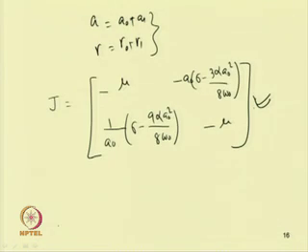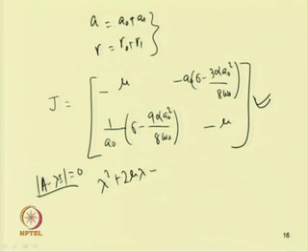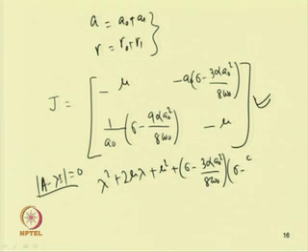For example, in this case, by putting the determinant of the Jacobian minus lambda I equal to 0, we will have the equation lambda square plus 2 mu lambda plus mu square plus sigma minus 3 alpha A 0 square by 8 omega 0 into sigma minus 9 alpha A 0 square by 8 omega 0 equal to 0.